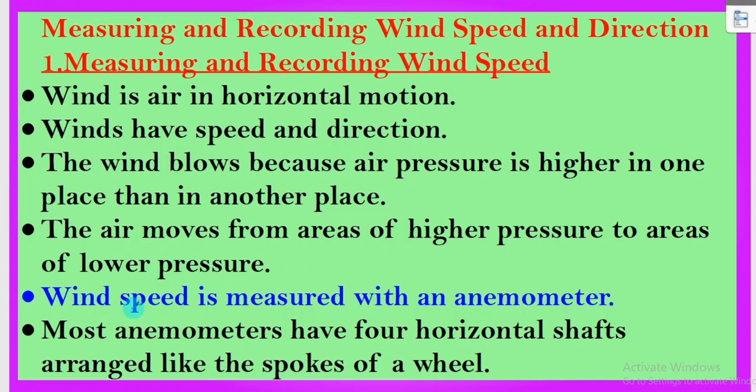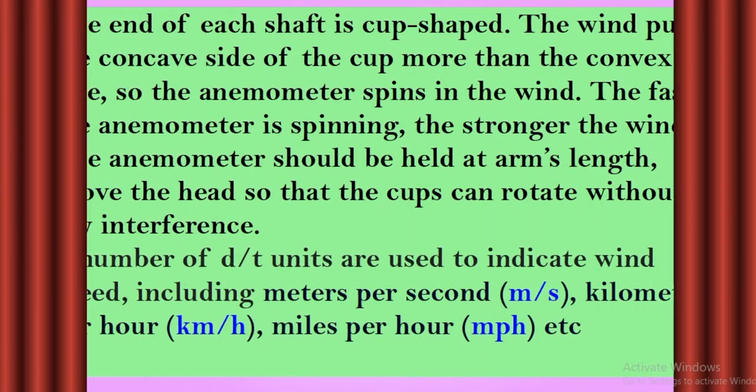And this air movement is measured by an instrument known as an anemometer. So an anemometer is an instrument used for measuring wind speed. Most anemometers have four horizontal shafts arranged like the spokes of a wheel.